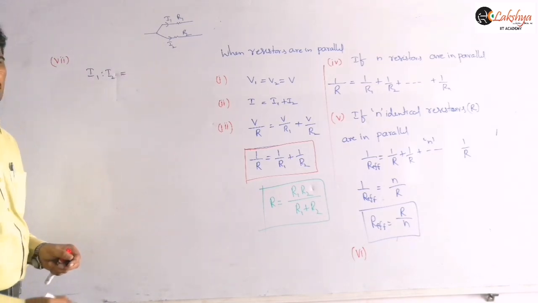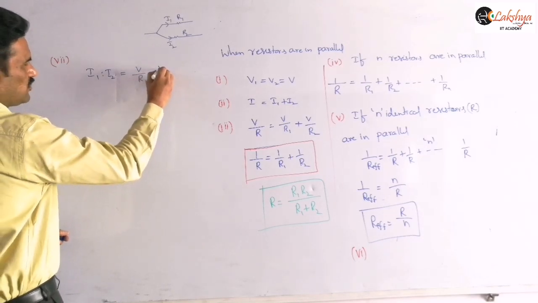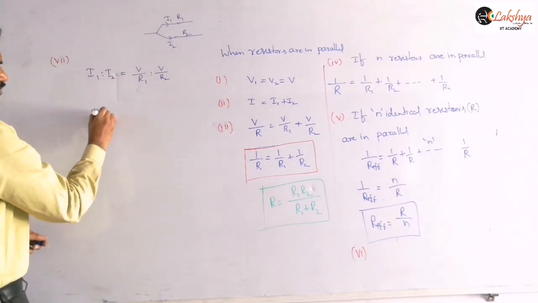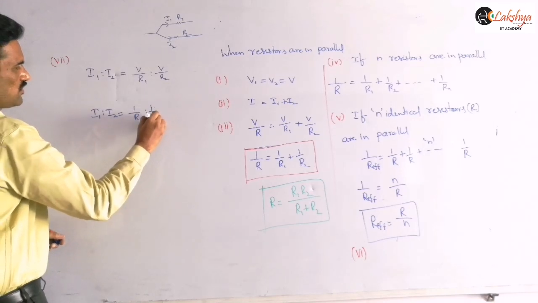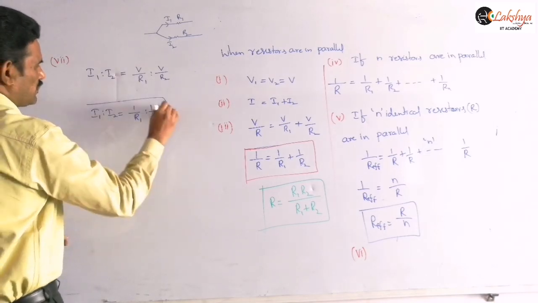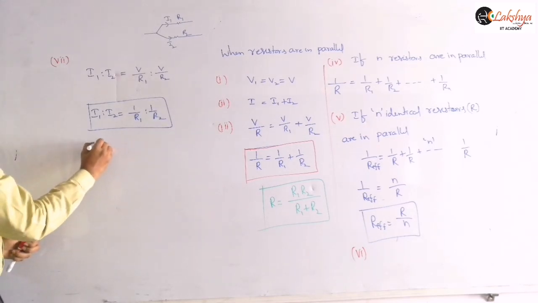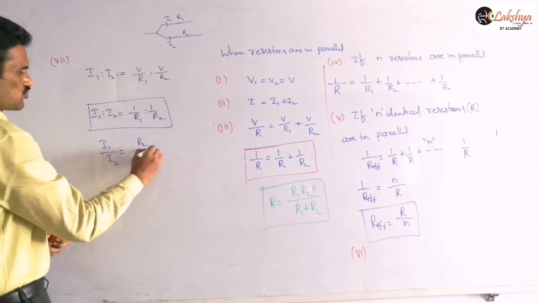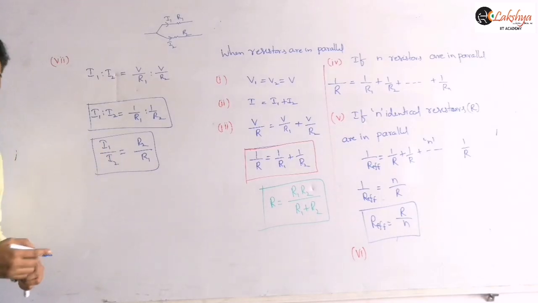I1 is nothing but V by R1, and I2 is V by R2, so the V value will be cancelled. Therefore I1 is to I2 is equal to 1 by R1 is to 1 by R2. That means the current is in the inverse ratio of their resistances. So for two resistors I can express it as I1 by I2 is equal to R2 by R1, the inverse ratio of their resistances.